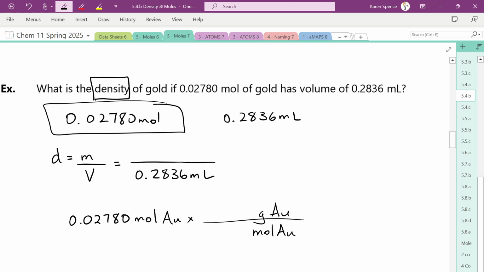Molar mass of gold is 197.0. So 0.02780 times 197 is 5.4766.